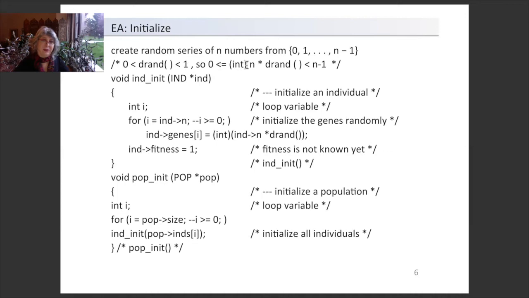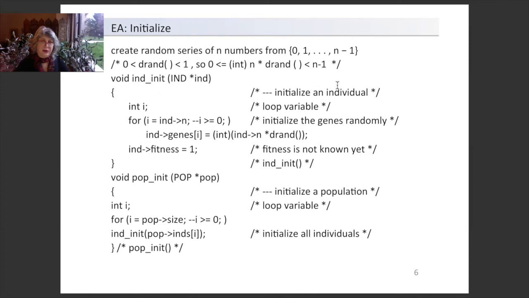If we multiply this value by n and take the integer part, then we have an integer between 0 and n-1. We are going to use this in the algorithm. There is no return value. The name of the function is individual initialize. Here we have a pointer to the individual that we are going to initialize.